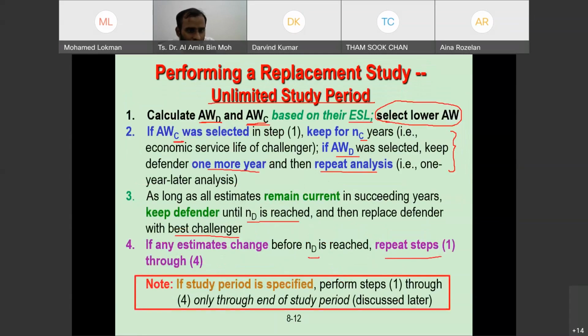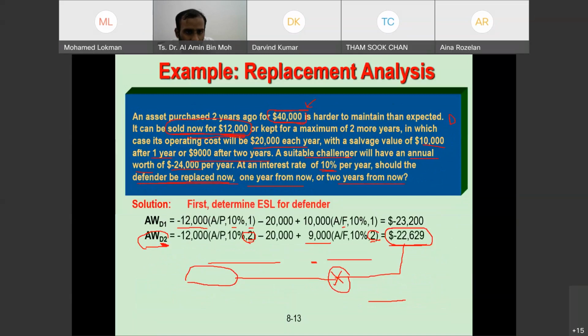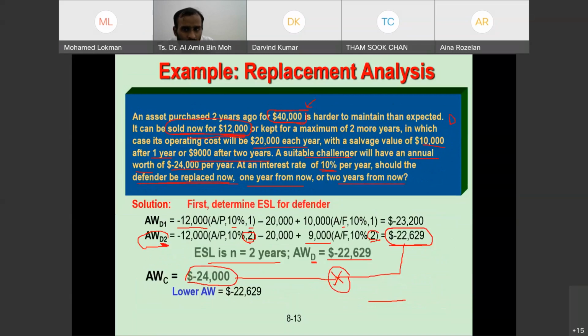If defender was selected, what we need to do, we keep the defender and then repeat the analysis, right? They give you 1 more year, but in our calculation here, it shows that we keep it for 2 years, and after that, we need to conduct 1 year later analysis next year.